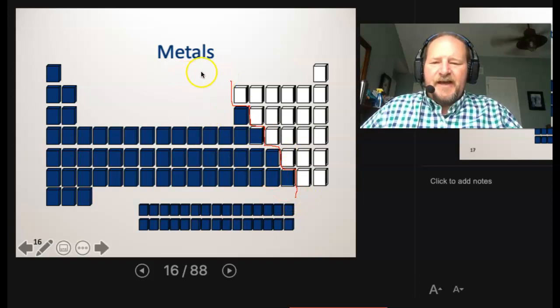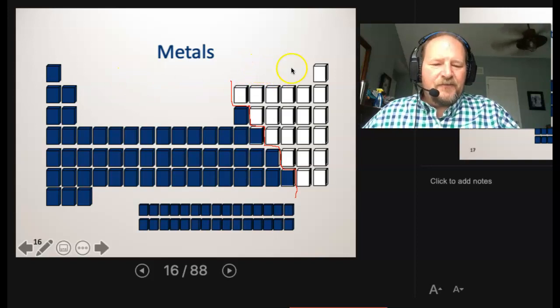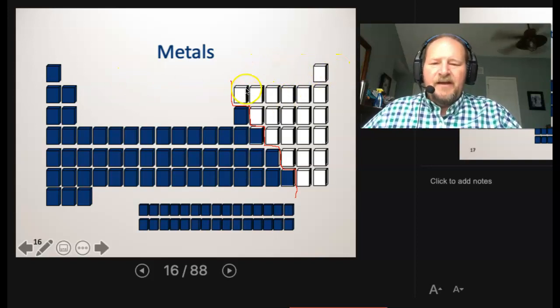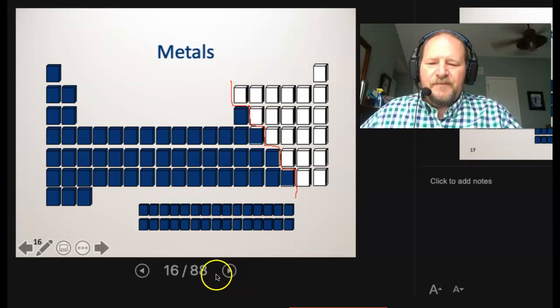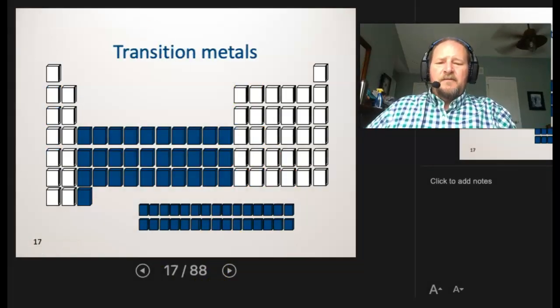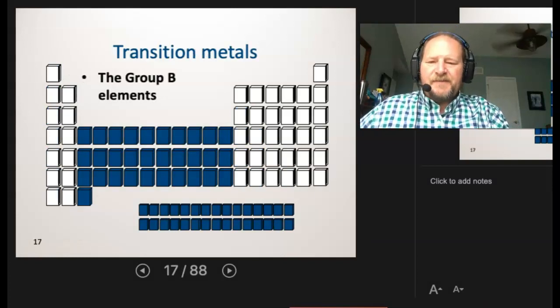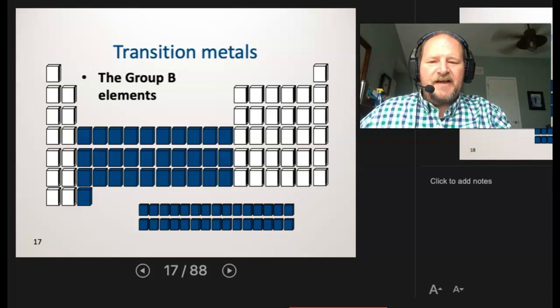The reason they do that is because everything to the left of that line is going to be a metal and everything to the right of it is going to be a non-metal. Now that's not quite true, I'm telling you a small fib here. But again, it's general and basic chem, so we're not going to worry too much about these little lies, but I'll explain this lie in a second.